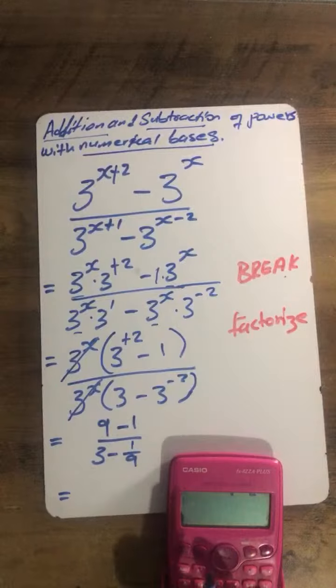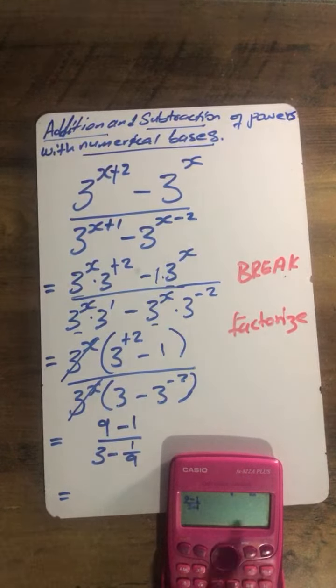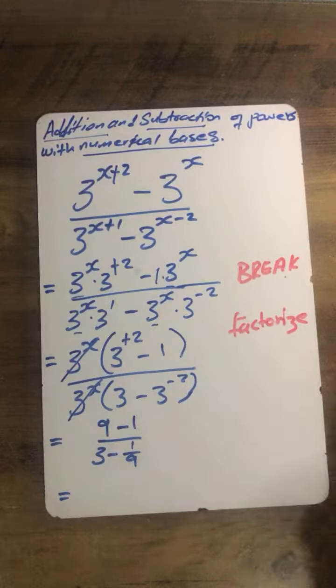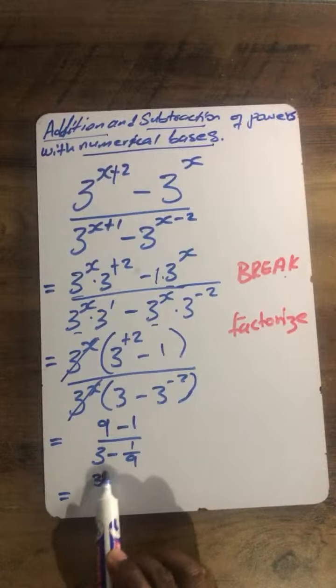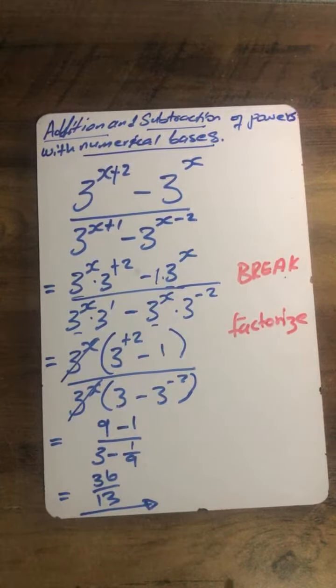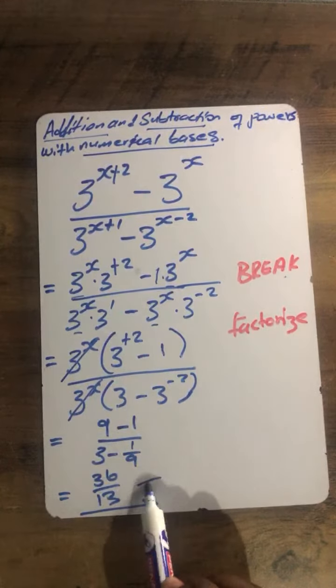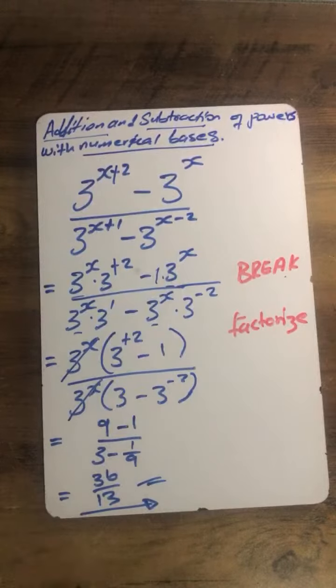So let's see, it's more like you say fraction, 9 minus 1 is 8, you say 3 minus, then you say 1 over 9, it gives you 36 over 13. Yes, 36 over 13. So that means the problems that I'm going to give you, you might need to work them out such that you just give me the final answer.